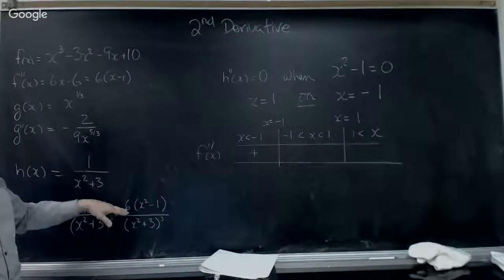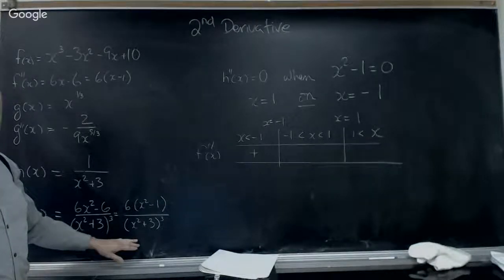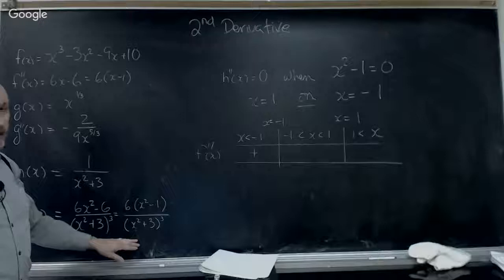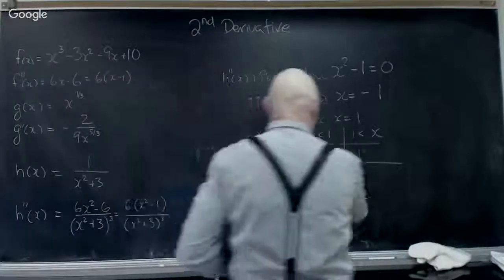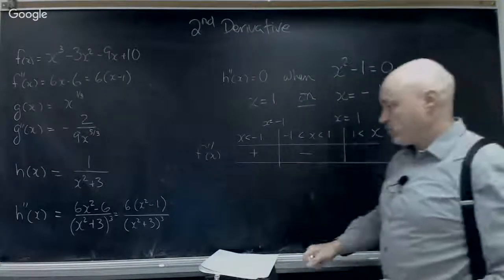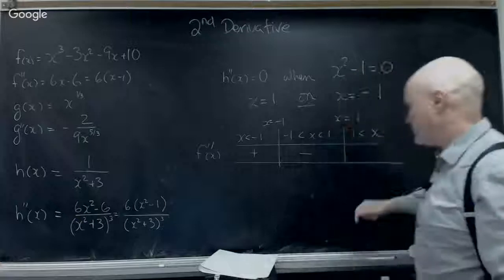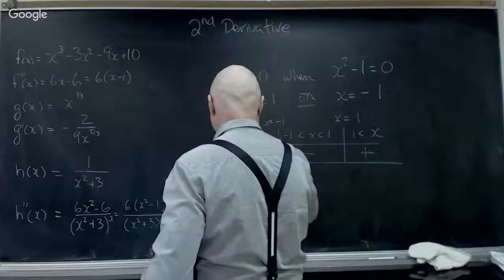Negative times a positive is... am I right? Is it a negative? Yes, it is. Okay, divided by a positive, that's negative. And when x is greater than 1, I can pick whatever I like, but this is going to be positive as well.